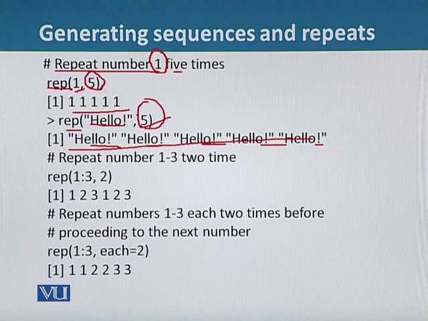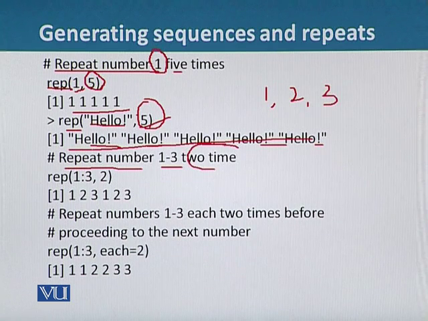For example, if we want to repeat the numbers 1 to 3, which is written as 1, 2 and 3, this set of numbers or vector we want to repeat 2 times. So we write the command rep, then we write 1, and in between 1 and 3 we write colon.